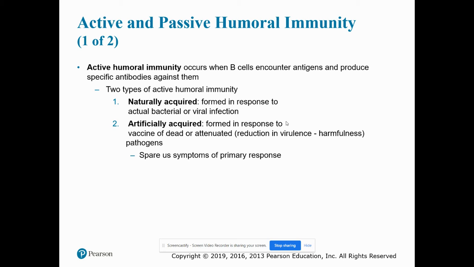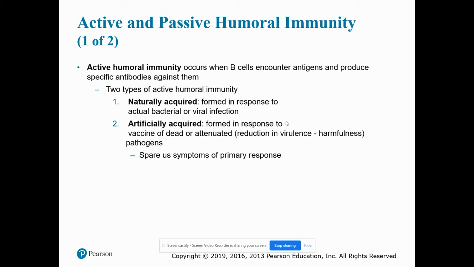Naturally acquired active humoral immunity is going to be formed in response to actual infections, either bacterial or viral, but the individual has to have gotten the infection themselves. Artificially acquired is going to be formed in response to a vaccine of dead or attenuated pathogens. Attenuated just means there's a reduction in the virulence or the harmfulness of the pathogen.